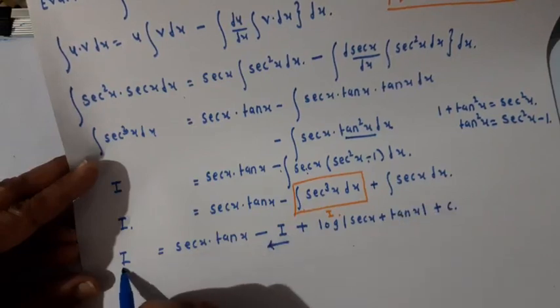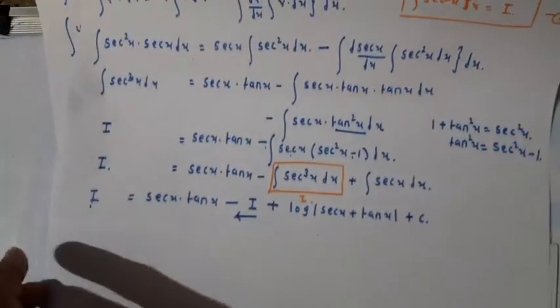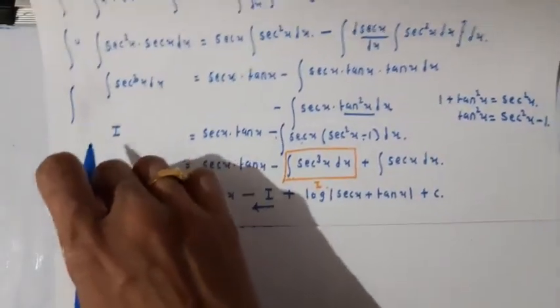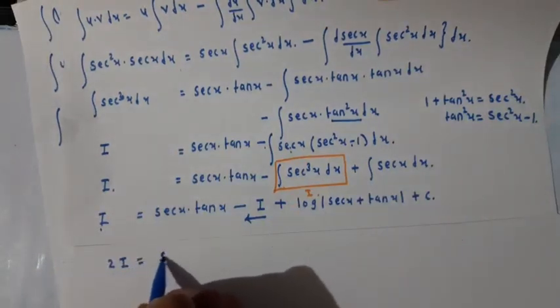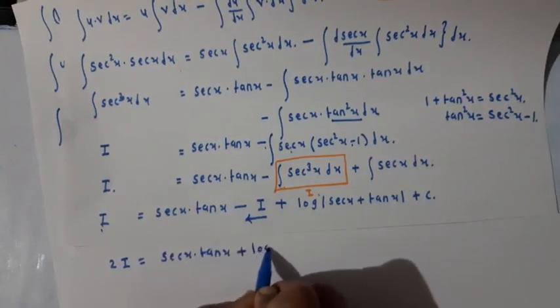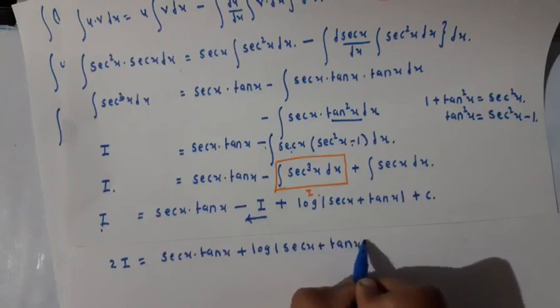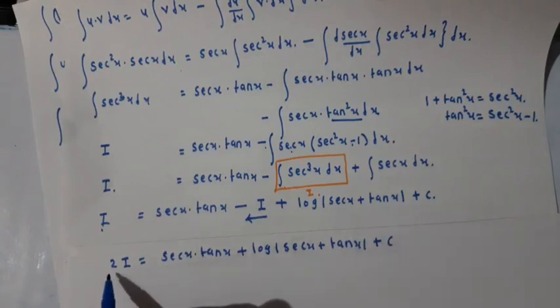Shift minus I to that side, that will become I plus I equals 2I. So 2I equals sec x into tan x plus log of sec x plus tan x plus constant of integration c, and now divide by 2.